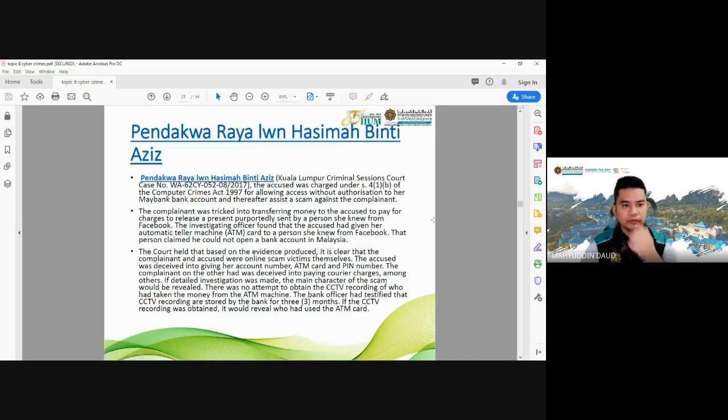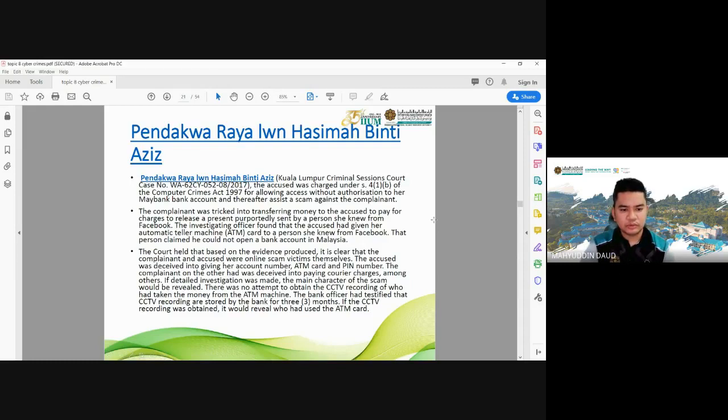Another case, PP against Hasimah. So this Hasimah, the accused, was charged under Section 4 of the Computer Crime Act for allowing access without authorization to her Maybank account, and therefore had assisted a scam against the complainant.